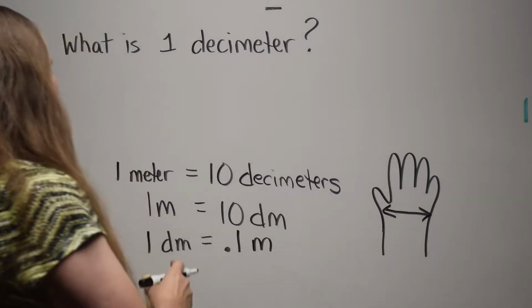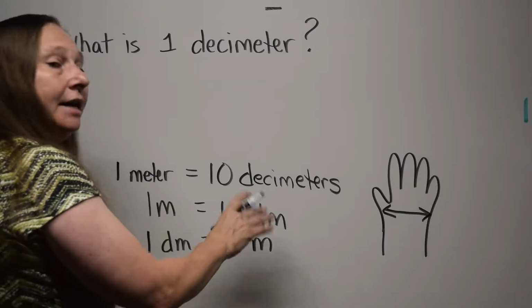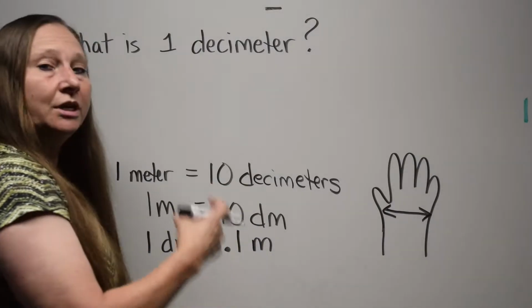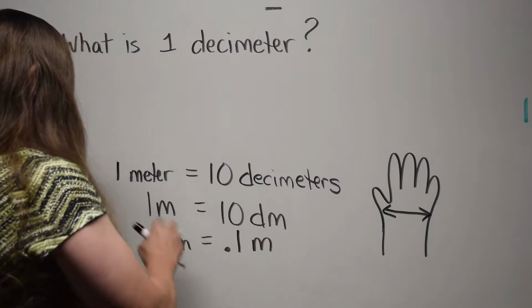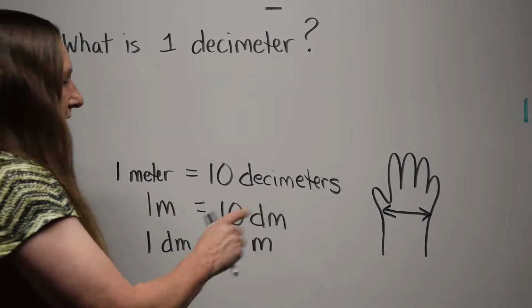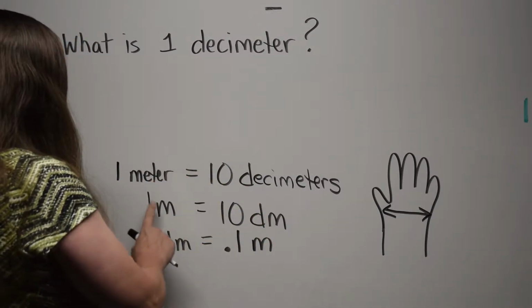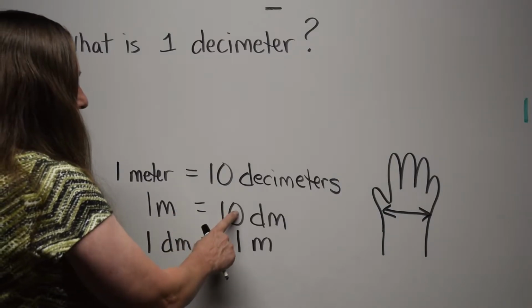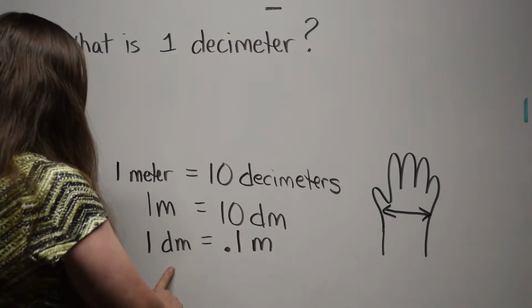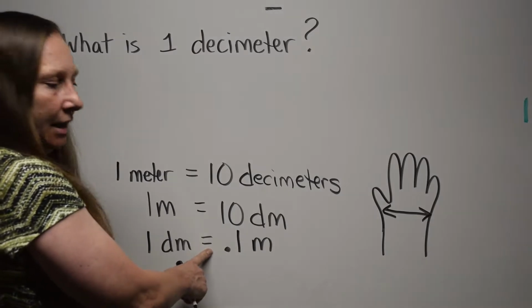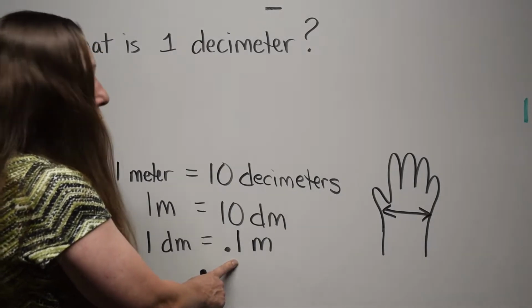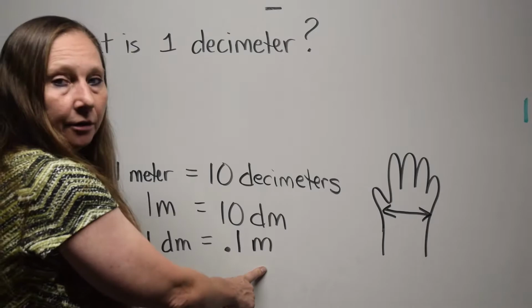So what you see is that you can write the math or you can say it in words. 1 m equals 10 dm is saying in words 1 meter is the same as 10 decimeters. Here, 1 decimeter is the same as 1/10 of a meter.